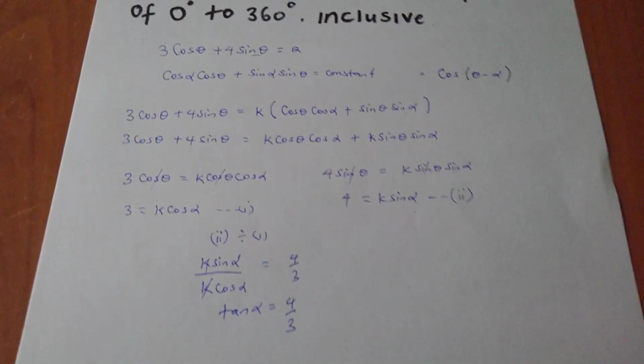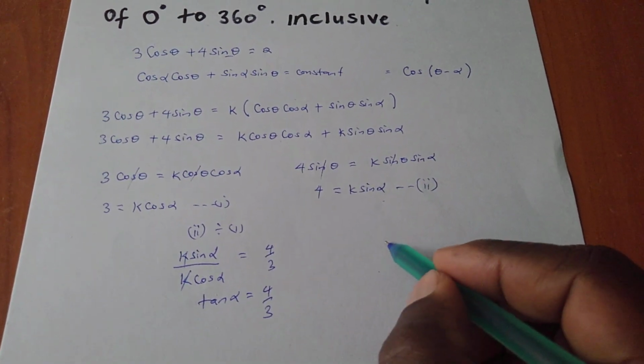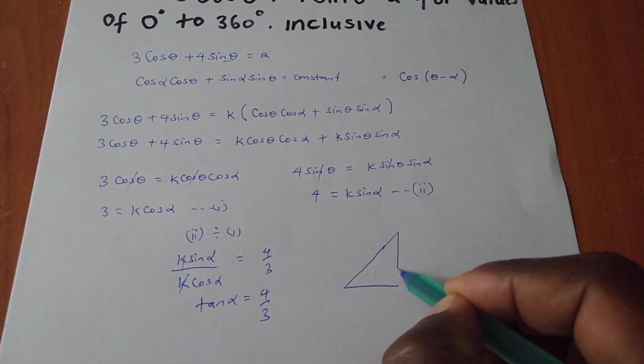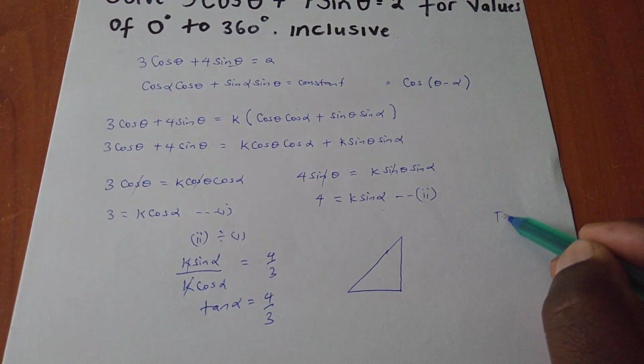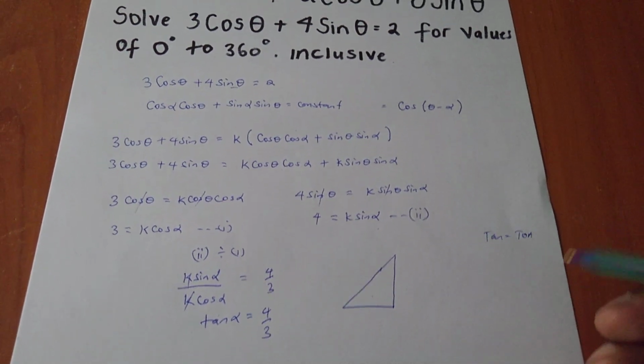Now, using the simplest, I would say Pythagoras theorem, but not so much. So remember, tan is the same as opposite over adjacent.